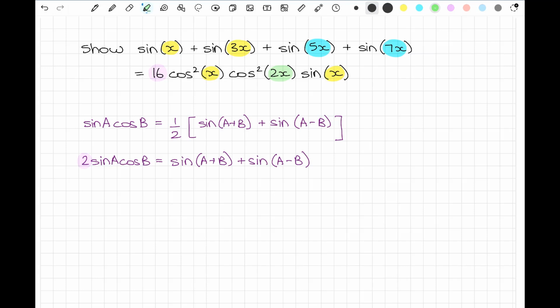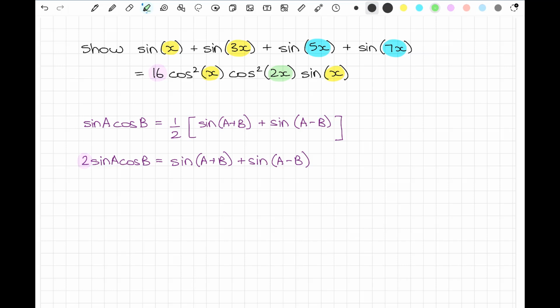Which is to notice that halfway between x and 3x is 2x. And so I can think of x as being 2x minus x, and I can think of 3x as being 2x plus x. And similarly with 5x and 7x, halfway between those two is 6x, and I can think of 5x as being 6x minus x, and 7x as being 6x plus x.